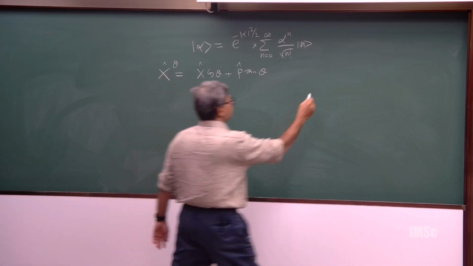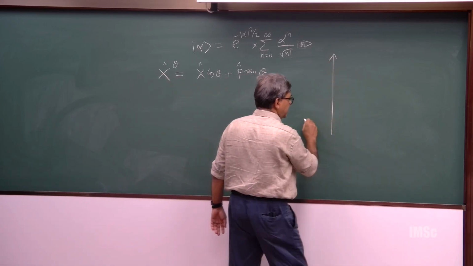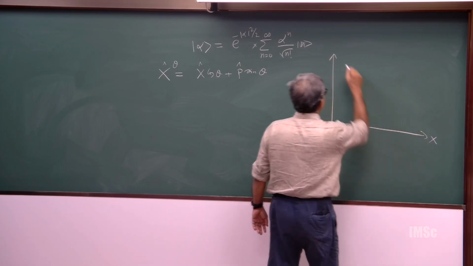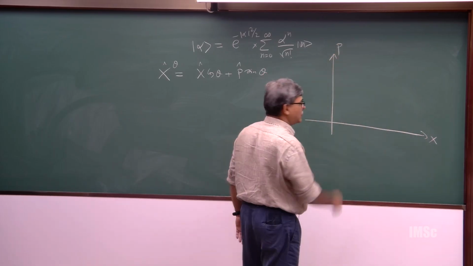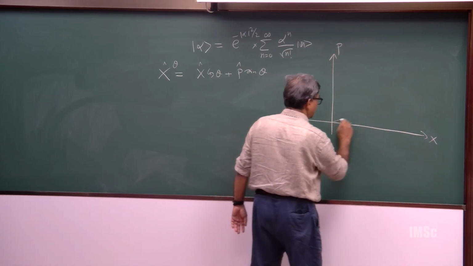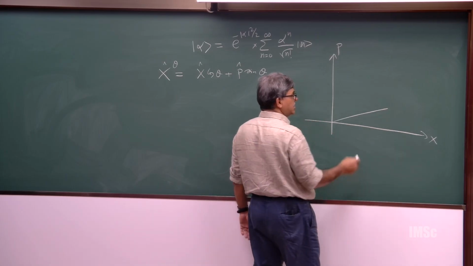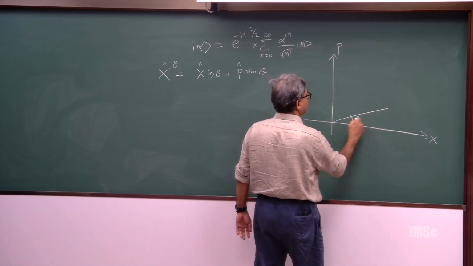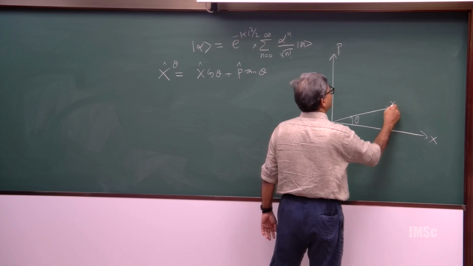Theta is the angle, so you have the quadrature plane, this is x and p, these are now operators, and then you take the operator corresponding to this angle theta. So, this corresponds to x theta.